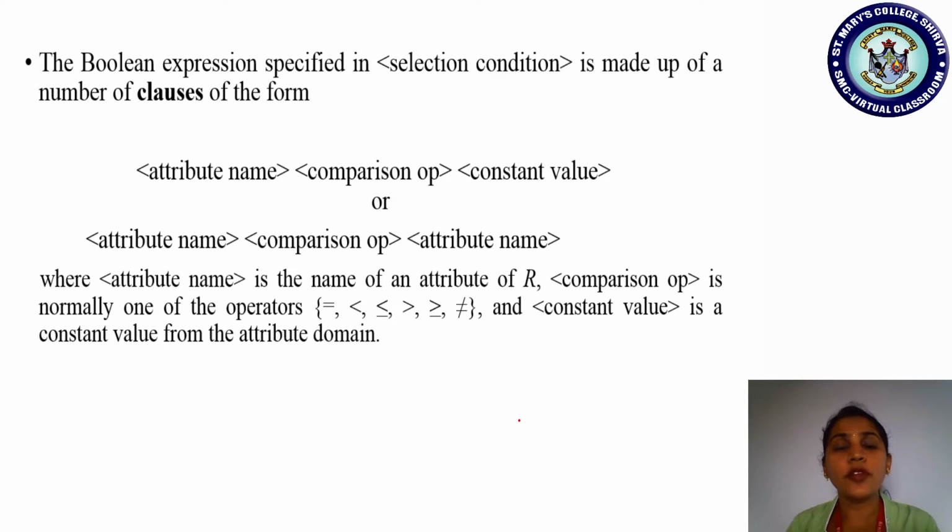So the output will also follow the same number of attributes we found in the original employee relation. The Boolean expression specified in the selection condition is made up of a number of clauses of the form.